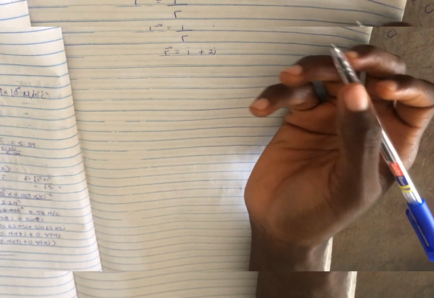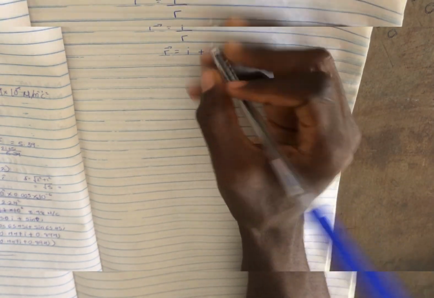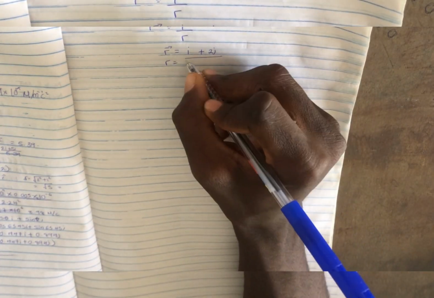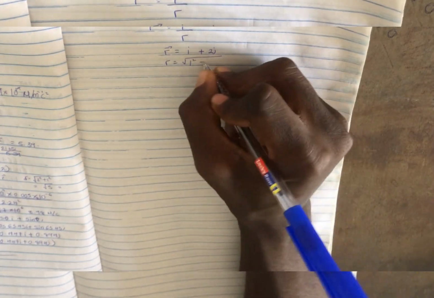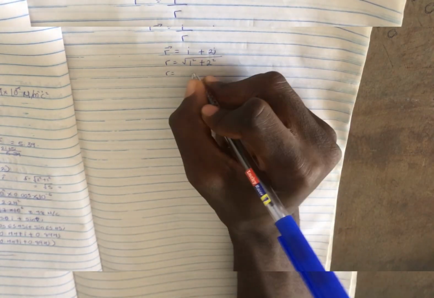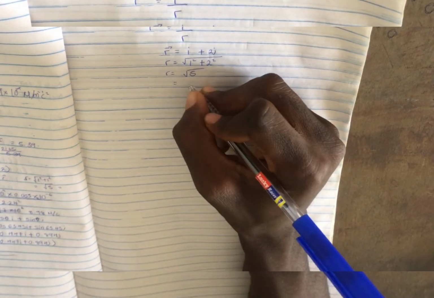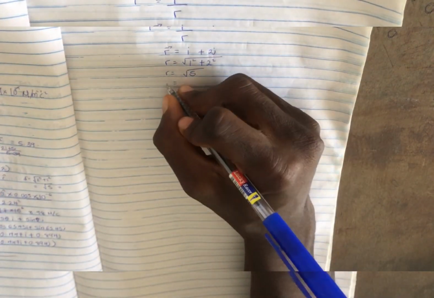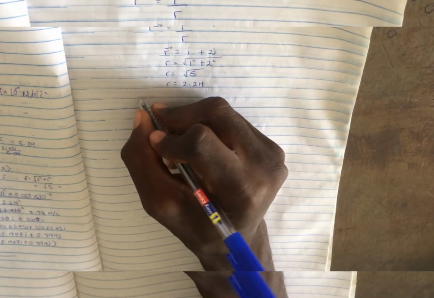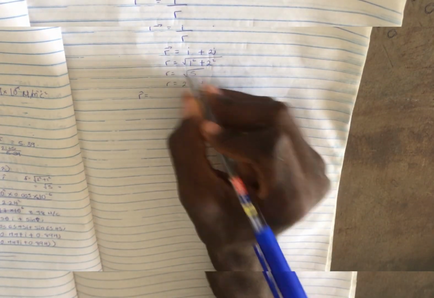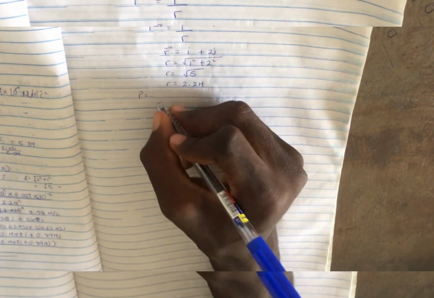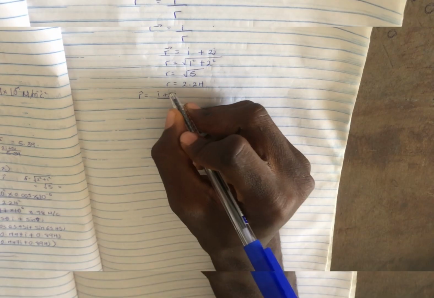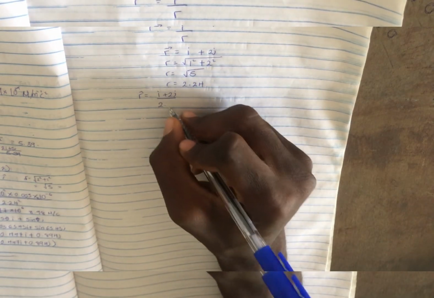When you get 1i plus 2j, let's find the magnitude. To find the magnitude, we square everything: 1 squared plus 2 squared, and r will be root 5. Root 5 is 2.24. After getting 2.24, we find our r hat. That's the r vector, i plus 2j, divided by the magnitude, 2.24.